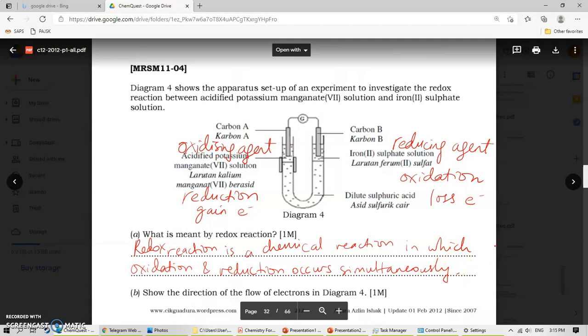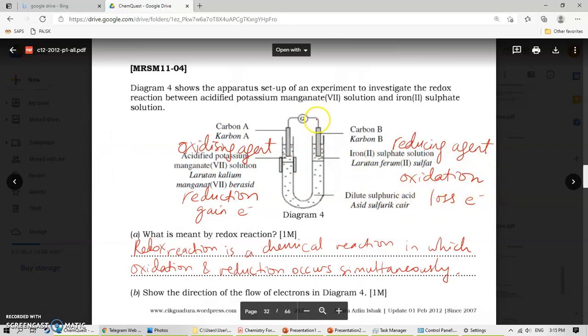Second question, show the direction of the flow of electrons. So to do that, there's two ways. Either you memorize that oxidizing agents will gain electrons, reducing agents will lose electrons, or you can also write the half equation to figure out. But from here we already know reducing agents go through oxidation, which is the loss of electrons.